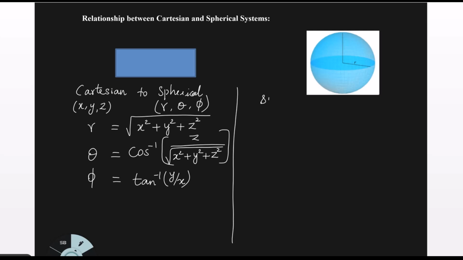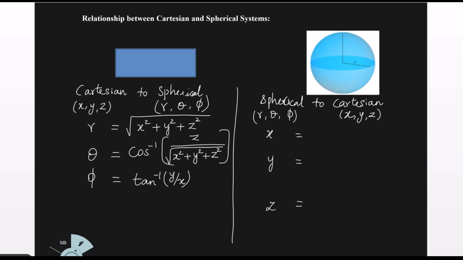Similarly, from spherical to Cartesian. Spherical coordinates are r, theta, pi. Cartesian coordinates are x, y and z. Now, we are going to calculate the x value, y value and z value from r, theta and pi.